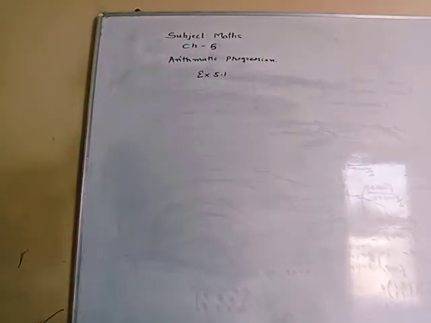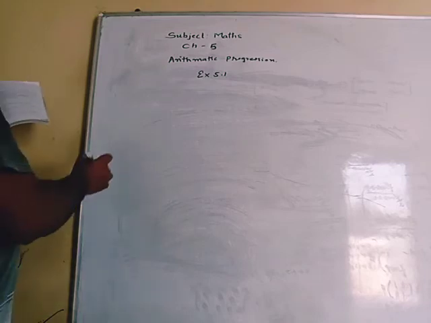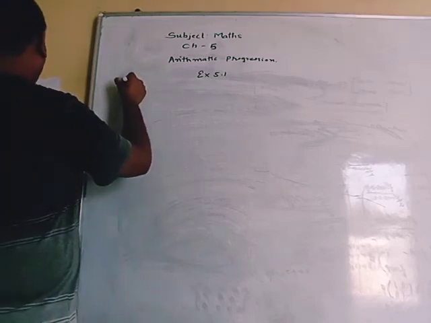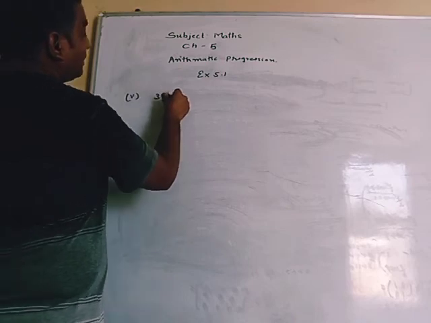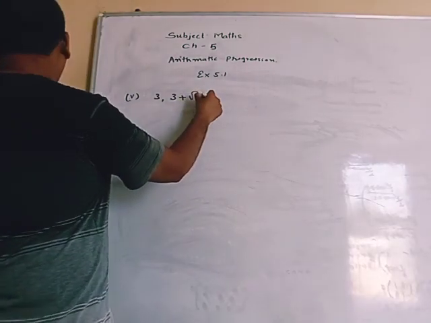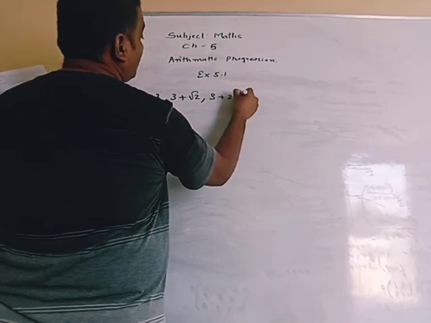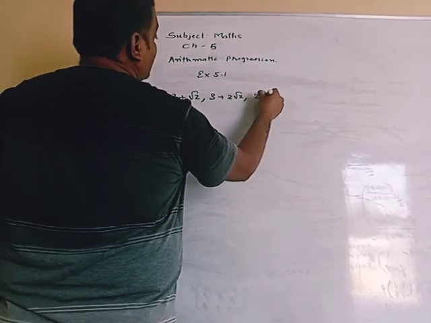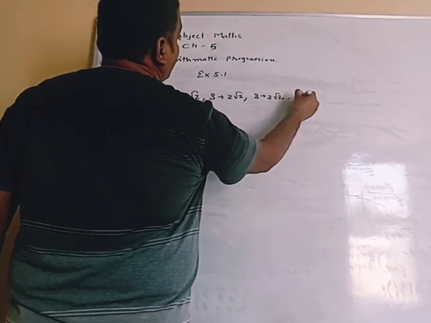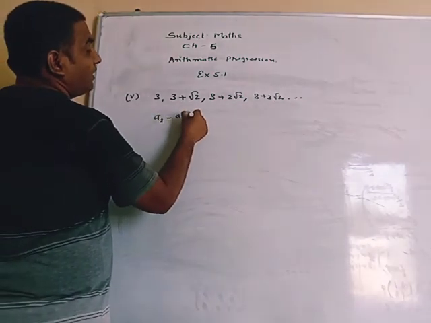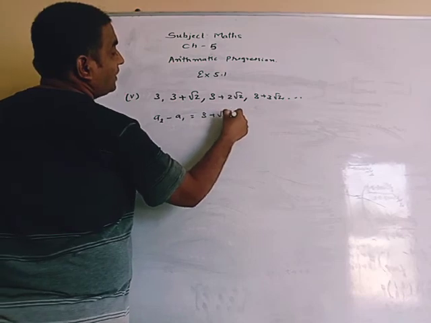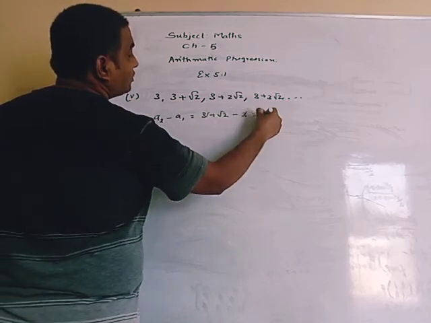Now we are given question number 5: 3 plus root 2, 3 plus 2 root 2, 3 plus 3 root 2, and so on. So we take a2 minus a1, then 3 plus 2 root 2 minus 3 plus root 2.